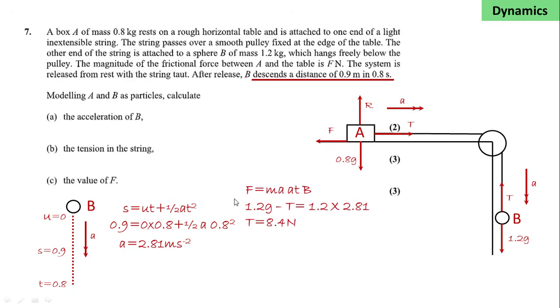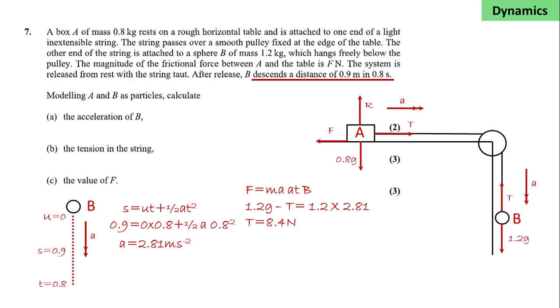Next we apply F equals ma for the sphere B. The net force is 1.2g minus T, and that's causing the mass of 1.2 kilograms to accelerate with the acceleration a, which we've calculated to be 2.81 meters per second squared. From this we can calculate the tension as 8.4 newtons.